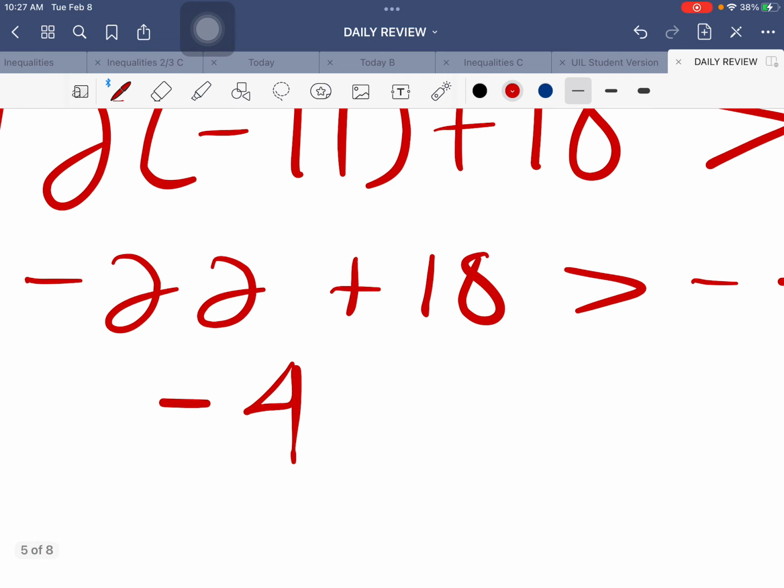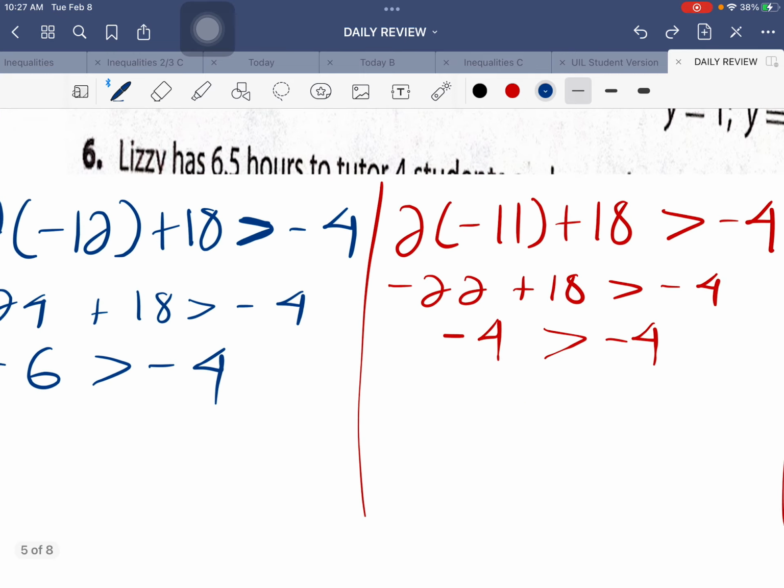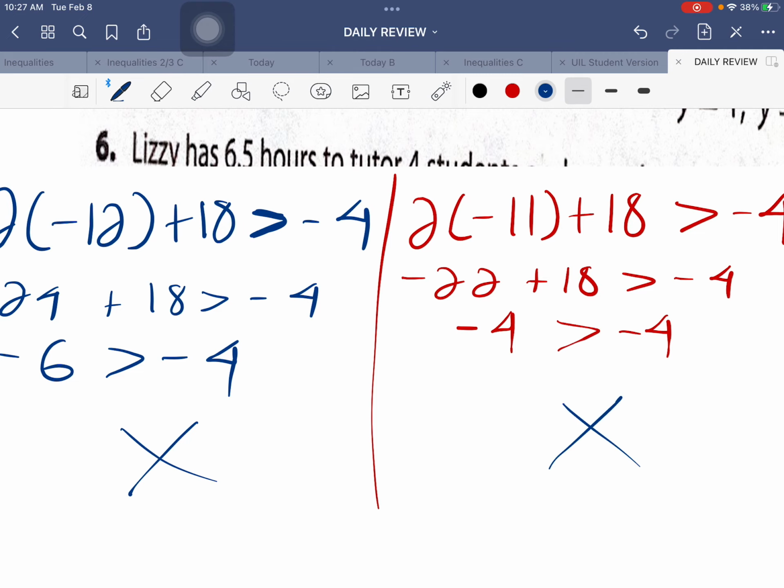Negative 4 is greater than negative 4. Is negative 4 greater than negative 4? No. What if it had a little line right here in the bottom? Then that would be true. But because it doesn't, this is false again. False and false.